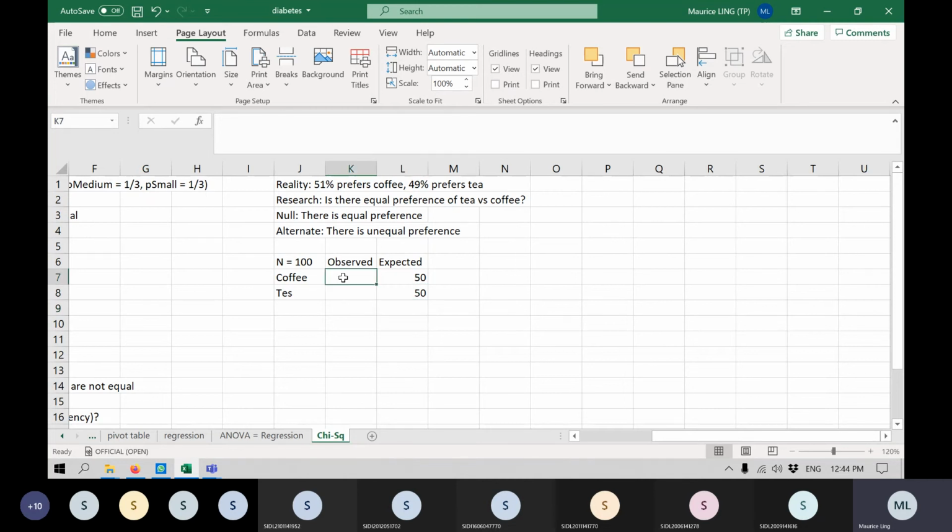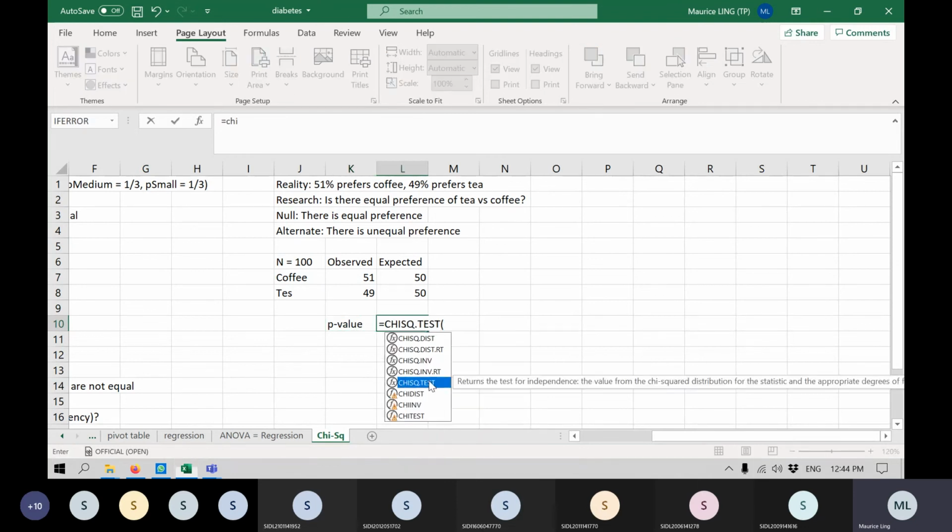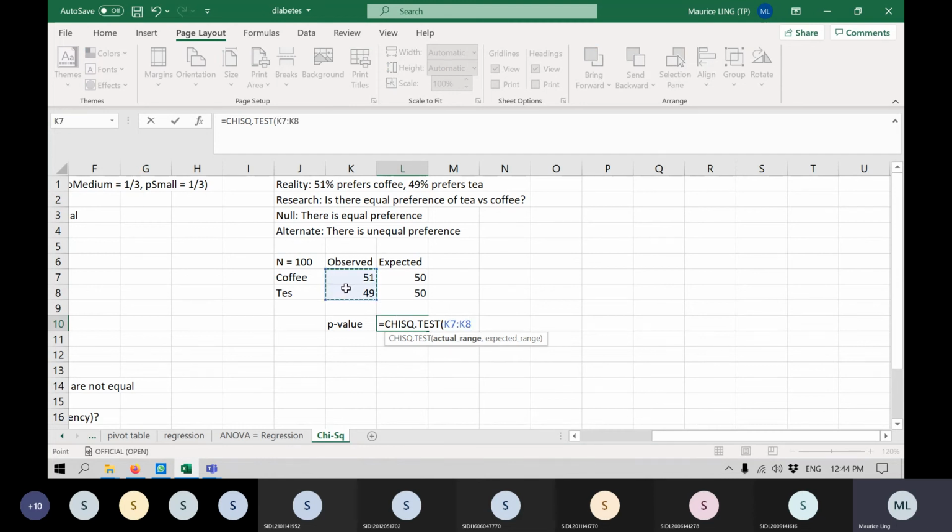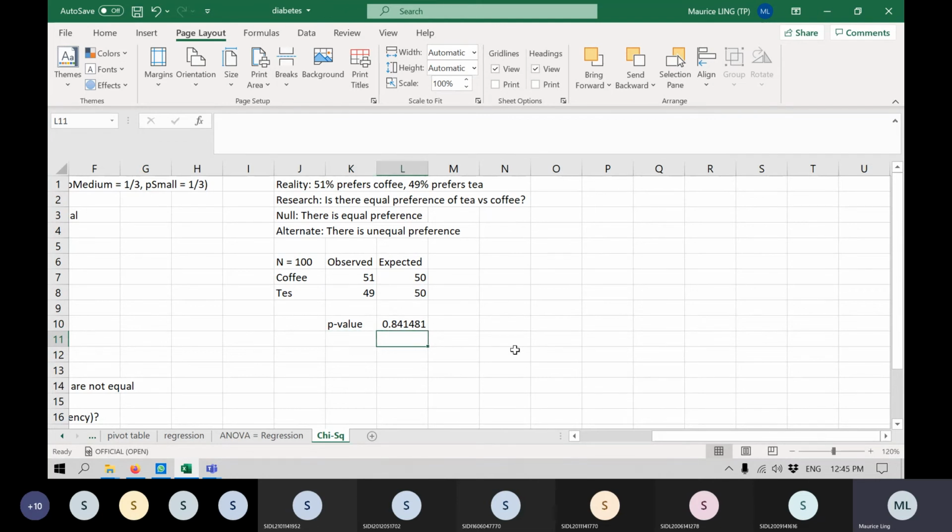But our actual observation in reality should be 51, 49. We do a p-value or chi-square test. No problem. Our conclusion is we cannot reject the null hypothesis, so we accept. We say that there is equal preference.